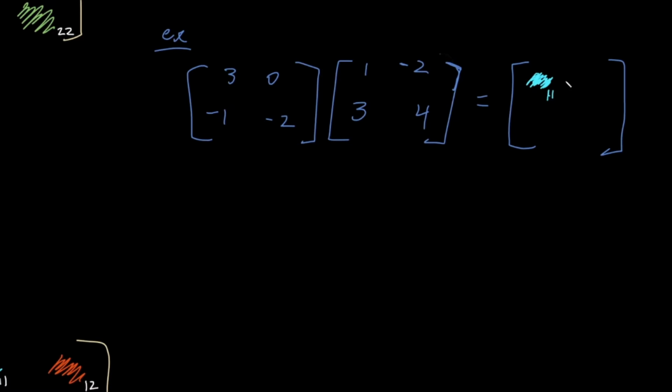Row 1, column 1, row 1, column 2, row 2, column 1, and row 2, column 2. Once you get used to these, this is how I like to start going along. I'm just going to put my answer here, and we're going to fill it in as we go along.